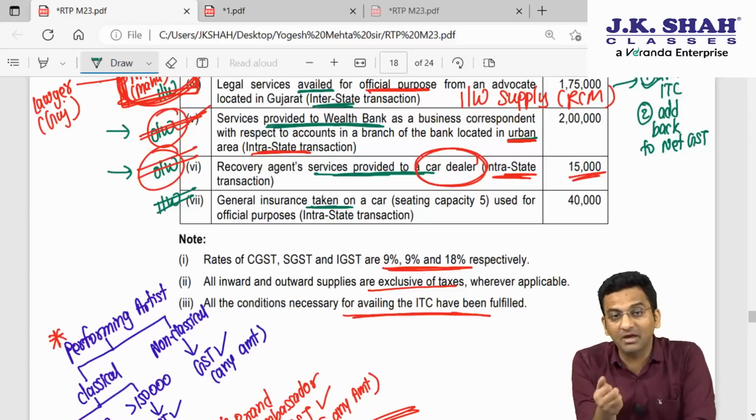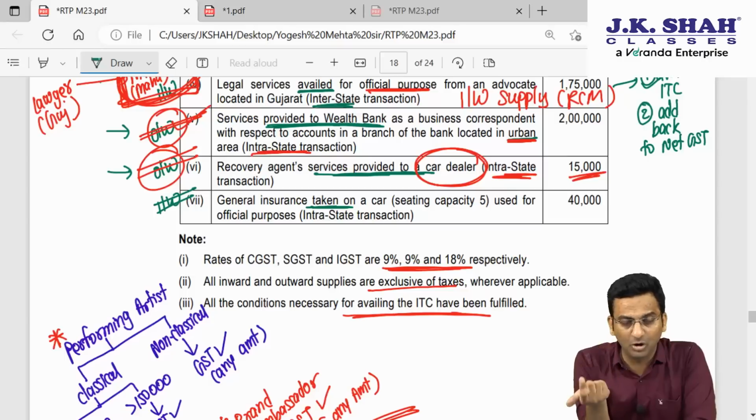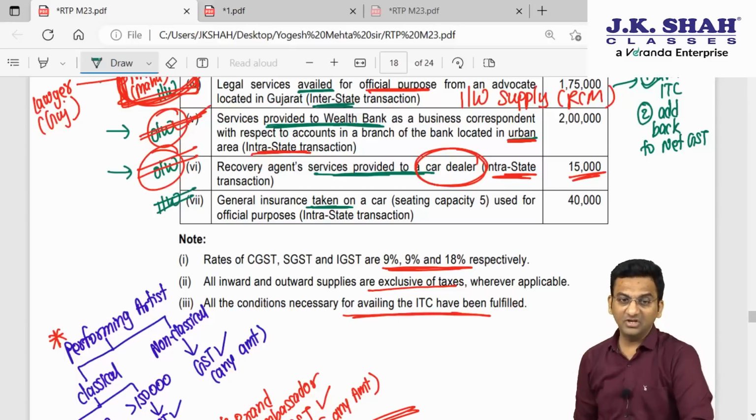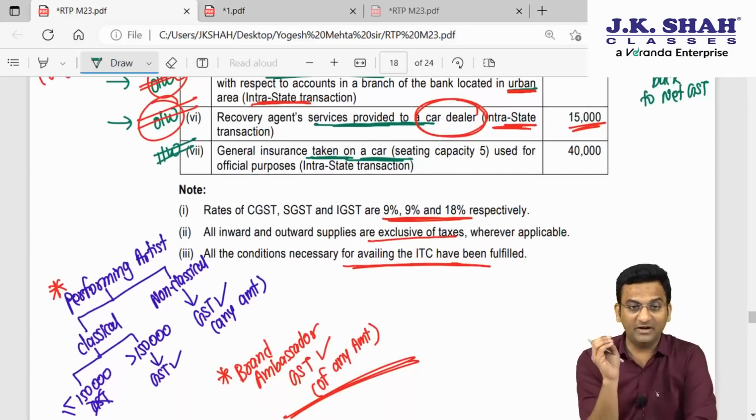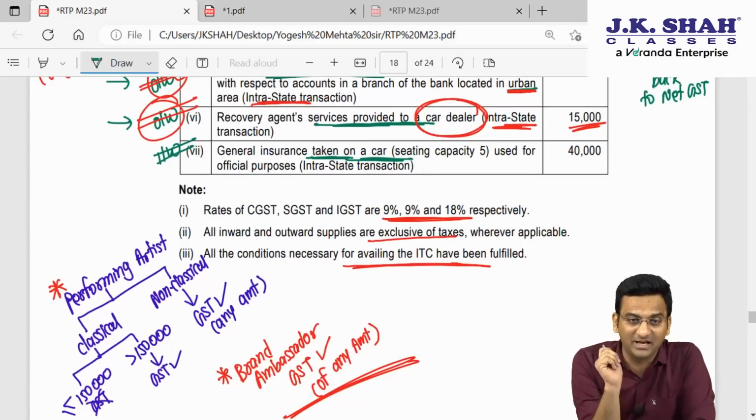However, ITC can be availed if it is used for making further supply of the car, or for imparting training on driving, or the other one was transportation of the passengers. Now in this case friends, general insurance is availed on the car. Now first of all tell me friends, whether the ITC of car can be availed or not.